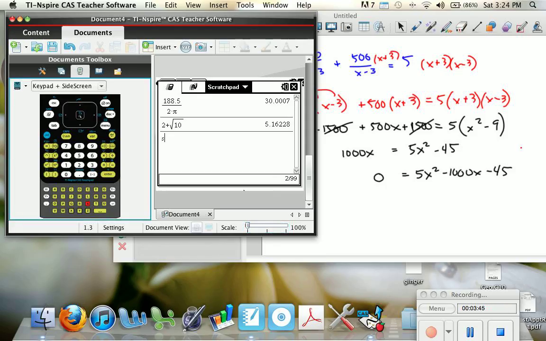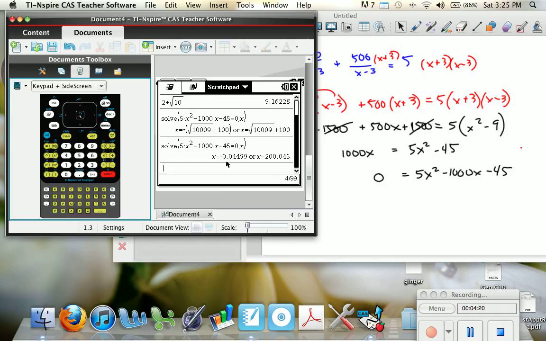We're going to solve, we talked about this in class, solve, open parentheses, 5x squared minus 1000x minus 45 equals 0. And we are solving for what? Oh, yes, that's right, x. Enter. Oh, well, maybe Control-Enter will make it a little happier.